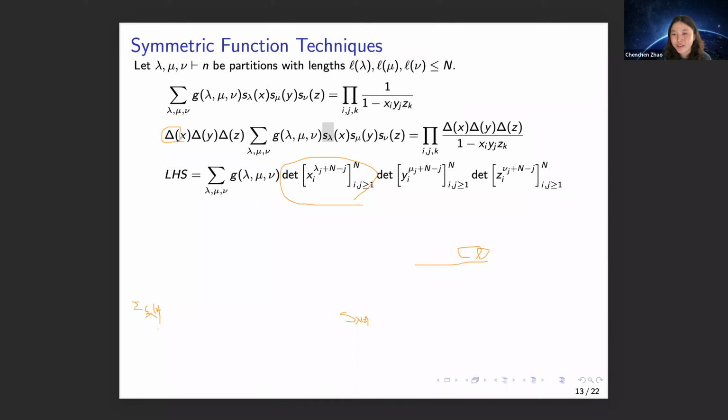If we multiply both sides of the equation by these three Vandermonde determinants, the left-hand side becomes the sum over all partition triples of the same size, the Kronecker coefficients multiplied by this three-determinant product.